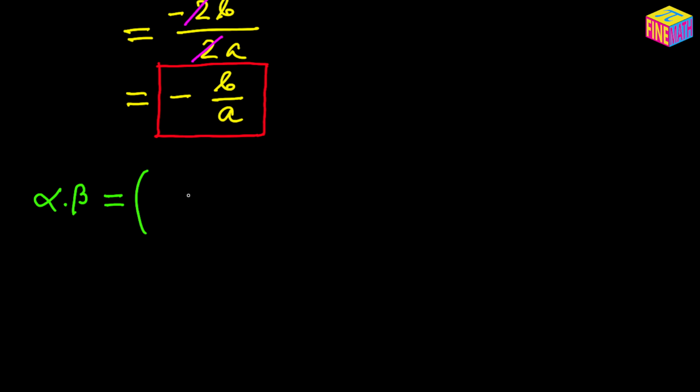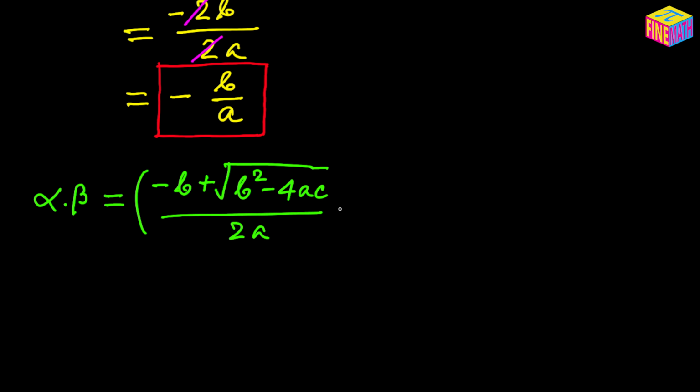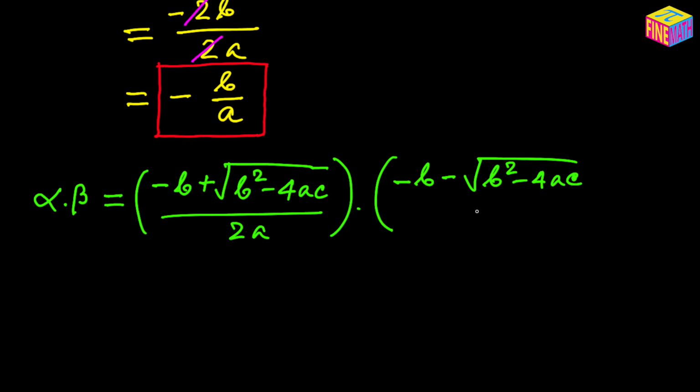Our first root is minus b plus root over b squared minus 4ac, whole divided by 2a, and then our second root will be minus b minus square root of b squared minus 4ac, divided by 2a.